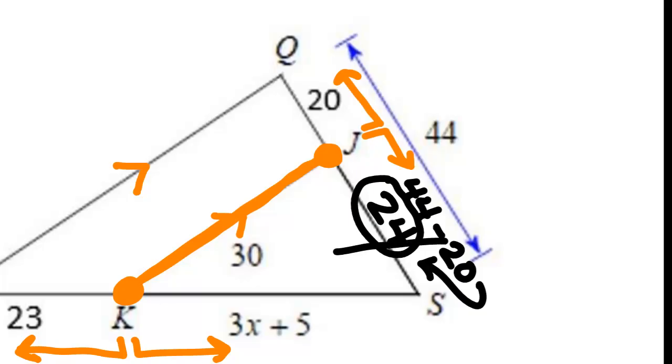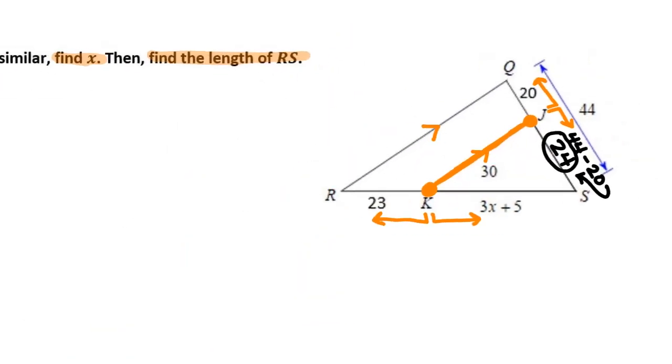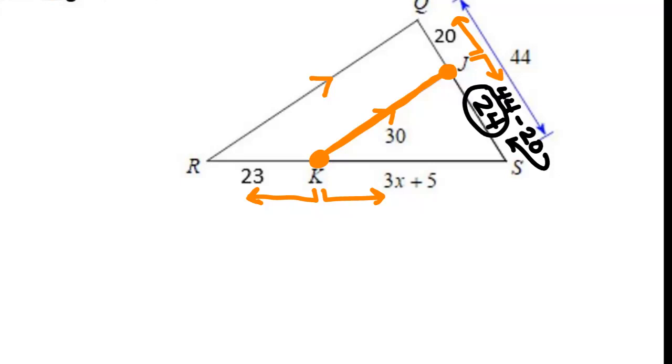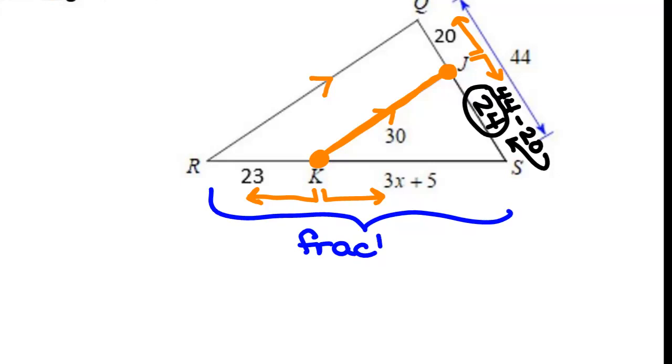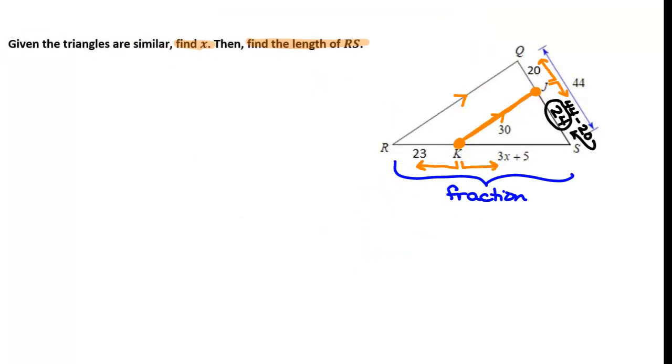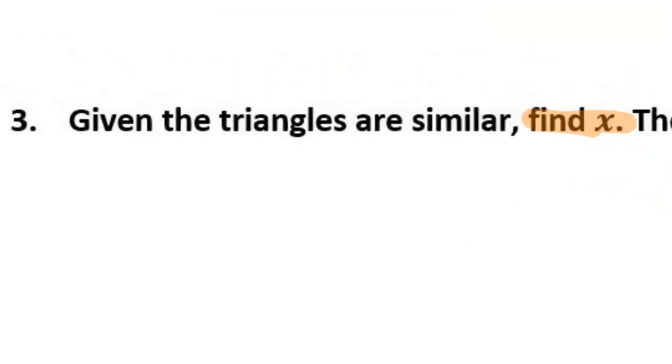So do I know both sides there? Yes. So I can set this up like we did number 1. When we did number 1, I took these 2 and made a fraction. So 23 over 3x plus 5.